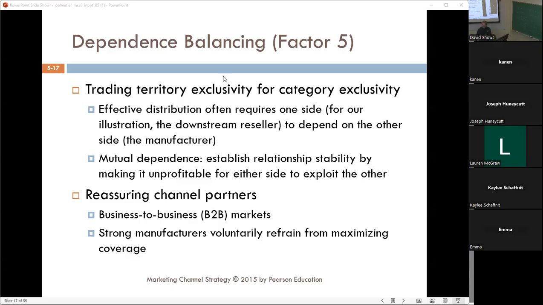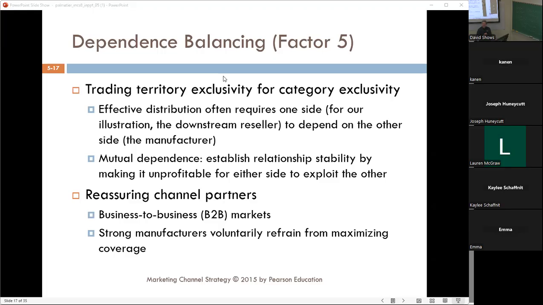Once again, we're talking about the golden handcuffs. Mutual dependence, if we can write it in contracts where there are long-term rewards of staying together, and yes, punishments if we lose each other, is one of those things that can be balanced.